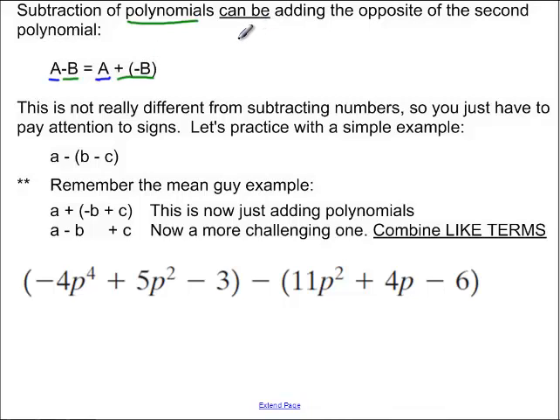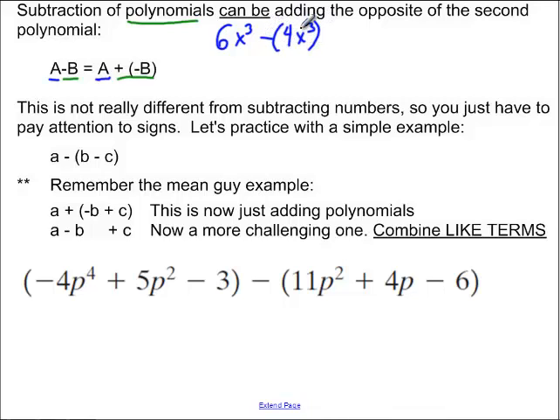My example would be something like 6x cubed and we're subtracting 4x cubed. I've got just two polynomials. There's a monomial, there's a monomial. Here's my A. Here's my B. I'm subtracting B, and B could be 4x cubed.